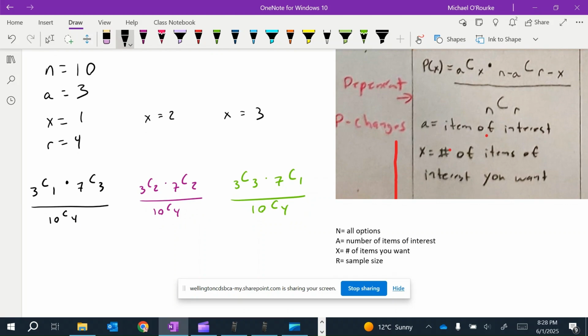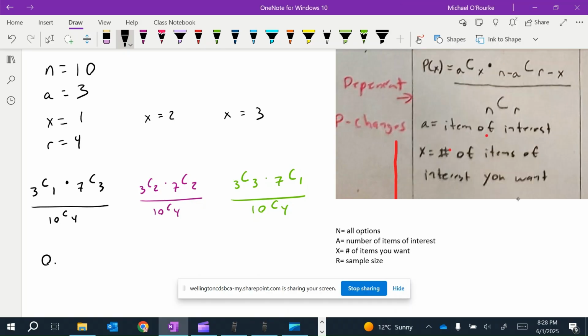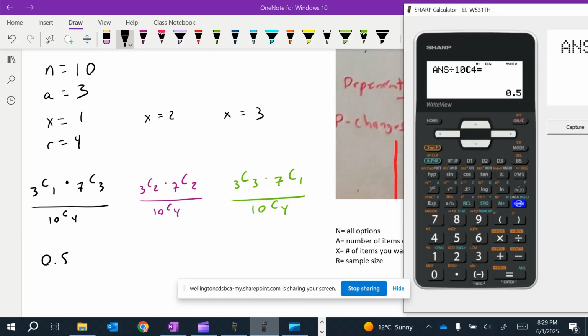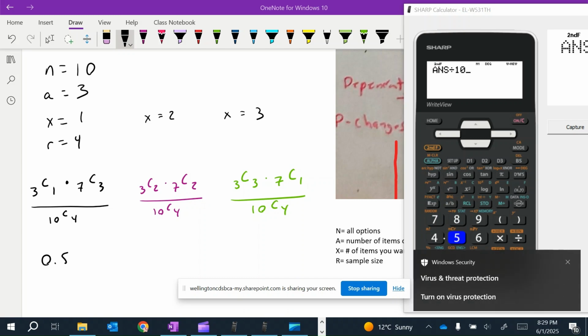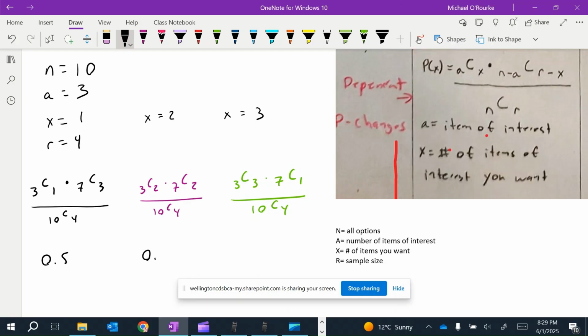So we can run all those numbers. 3C1 times 7C3 divided by 10C4. So the probability of getting 1 defective out of the sample is 0.5, so a 50% chance. Then 3C2 times 7C2 divided by 10C4 is 30%.